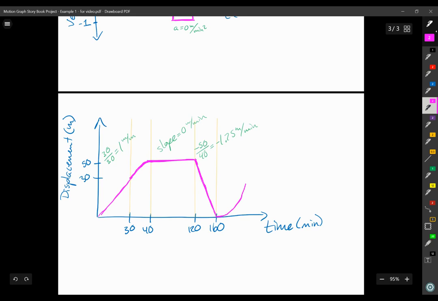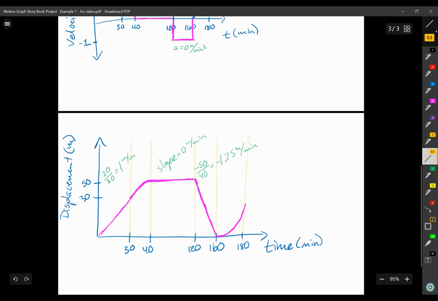My velocity is increasing, so my slope is increasing. Just like that. That's going to be 180. My divisions on my x-axis aren't even, but that's okay. We're just kind of doing a sketch. Okay, so I've got 1, 2, 3, 4, 5. I've got all 5 of my sections, so I'm done.